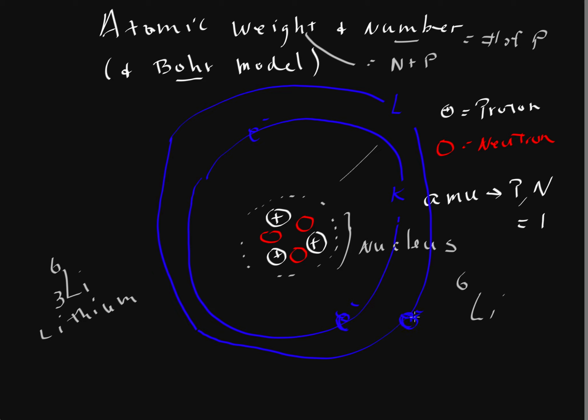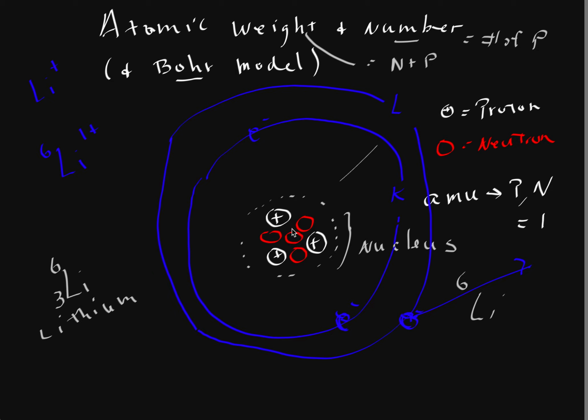This electron might be kicked out and be involved in some other chemical reaction somewhere else, leaving lithium with a positive charge. So we could write lithium having a 1 plus charge, or we might just write lithium with a plus without the 1, just to say that it has 1 more proton than it has electrons. So it's positively charged. And we could still write that it has a value of 6 here for the total atomic weight.